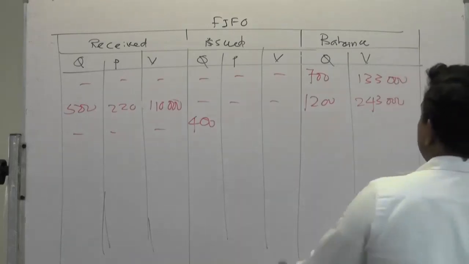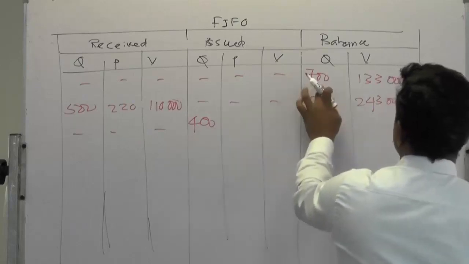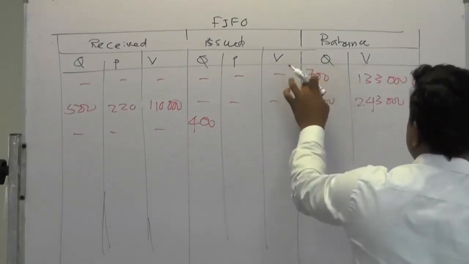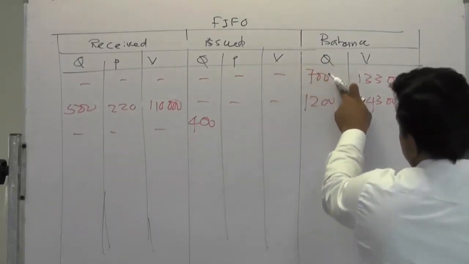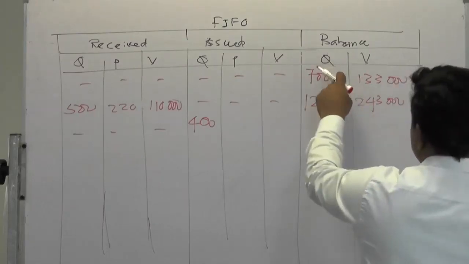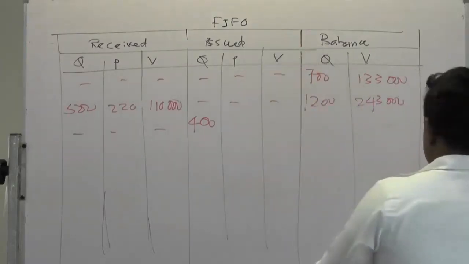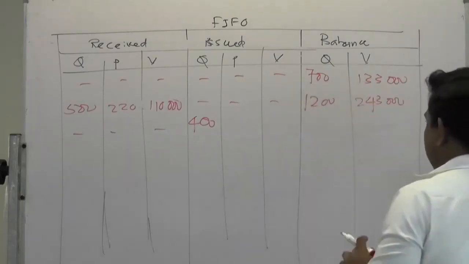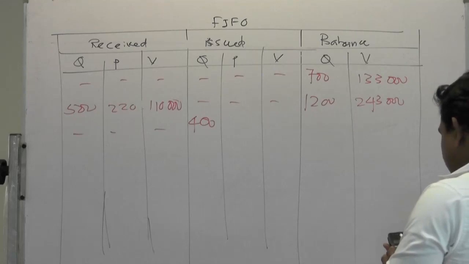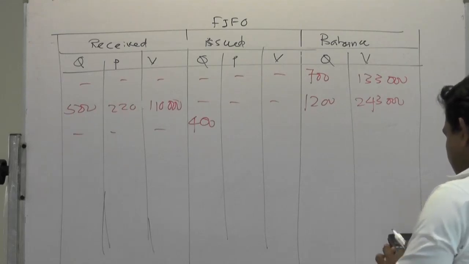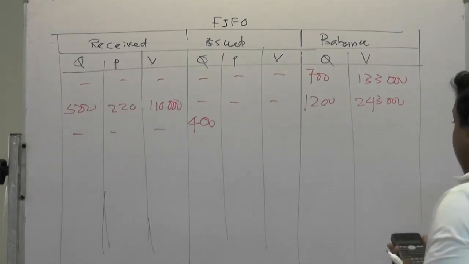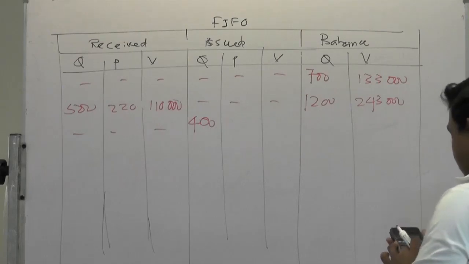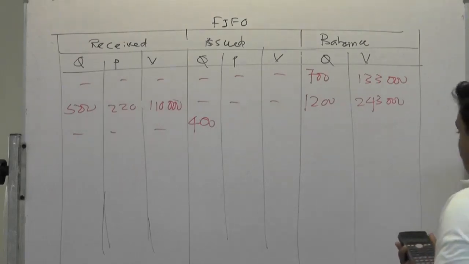Therefore, you have to issue the entire 400 from here, because this is the first in, therefore you can take it out. Now the entire 400 can be priced using 700 and 133,000.